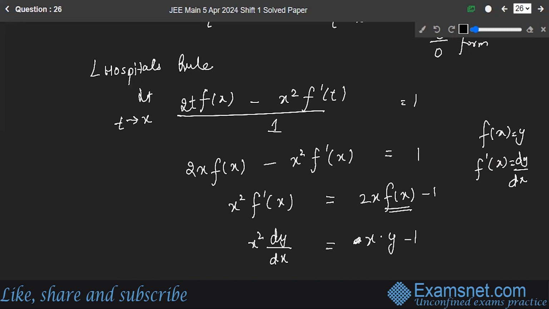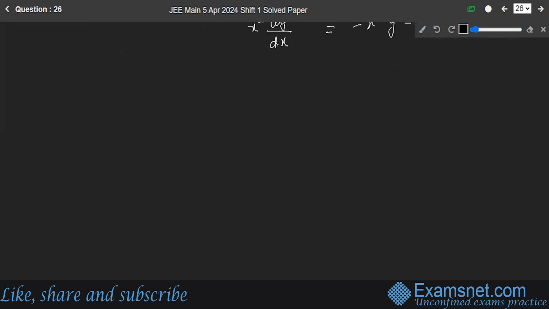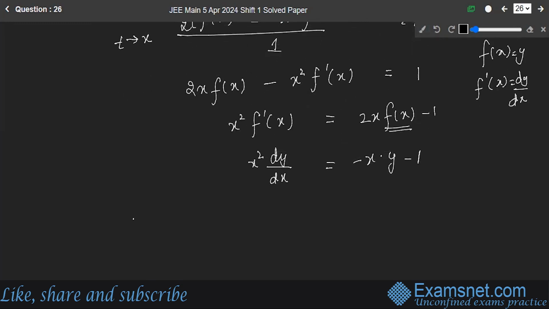So dy by dx is equal to 2xy upon x squared minus 1 upon x squared.